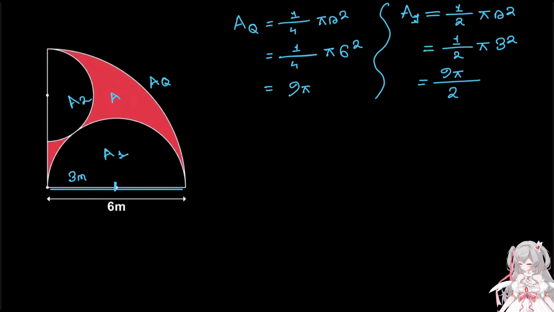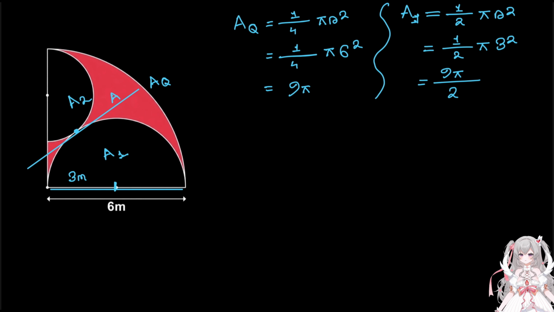But here, we can draw a tangent line, because these two regions are touching each other, and when two arcs of a circle touch each other, we can simply draw a tangent line.